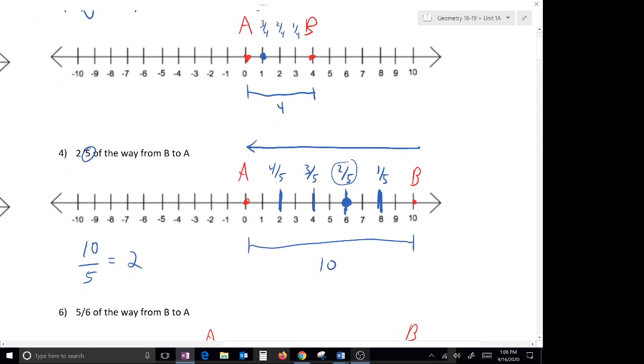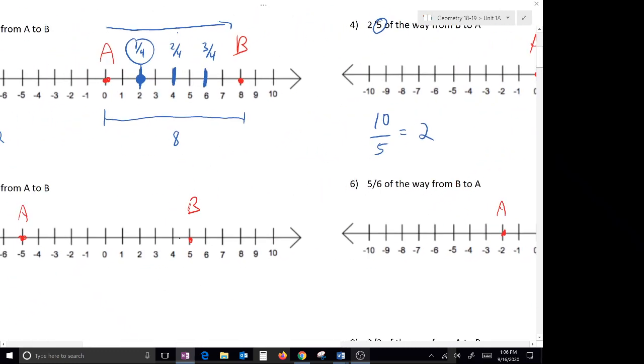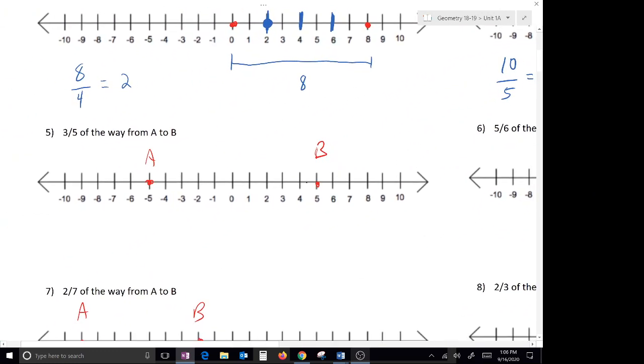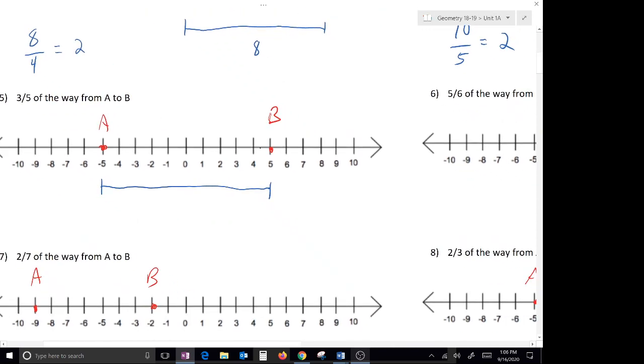Okay, all right, keep going here. Going from -5 to +5. Again, that's 10 units. It's 5 units to 0, and it's another 5 units to 5. So that's 10 units.